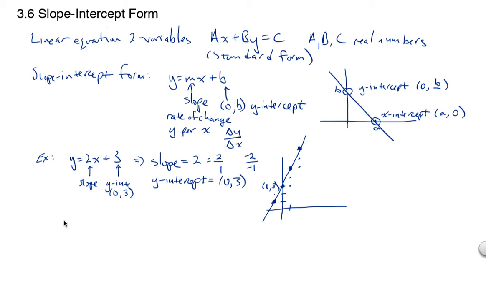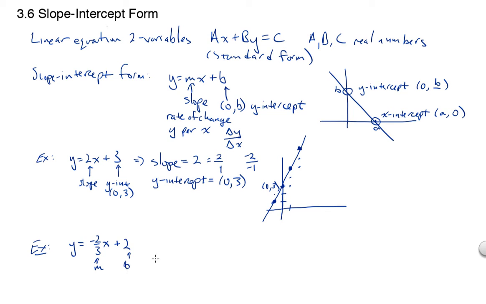All right, so let's look at another example, just real quick. Second example, y equals negative 2/3 x plus 2. Well, here's our slope.